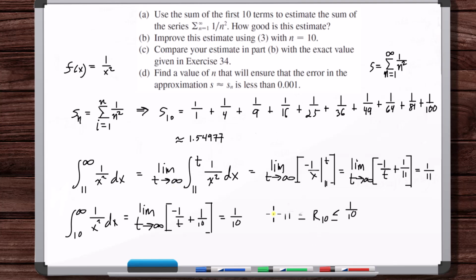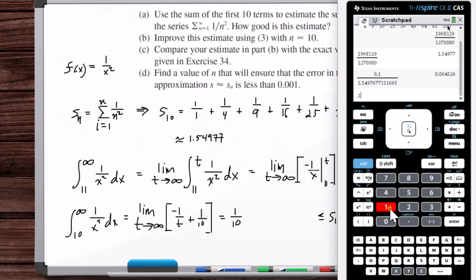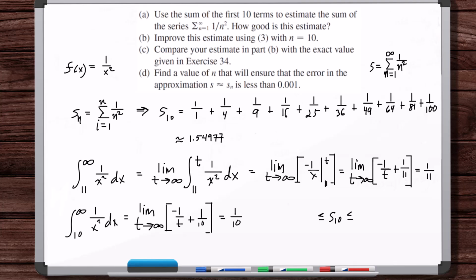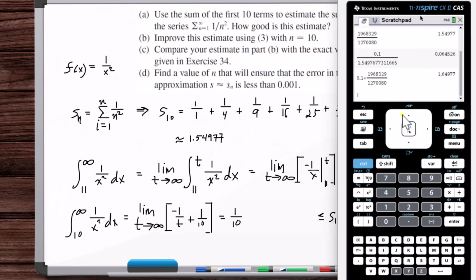So we can say this, the S of 10, if we add 1/10, so 0.1, to this, we get 1.64977.